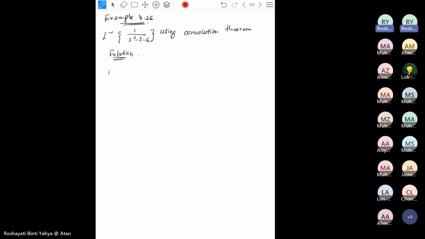So the first one, 1 over s squared minus s minus 6 equals 1 over, for this part you can factorize, s minus 3 multiplied by s plus 2.